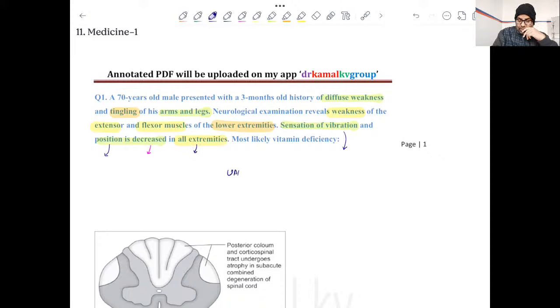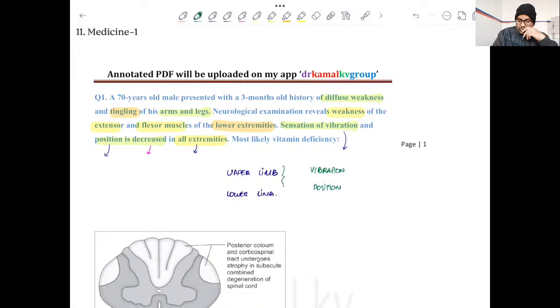So in the upper limb as well as the lower limb, there is a decrease in the sensory modalities like vibration and position sense.